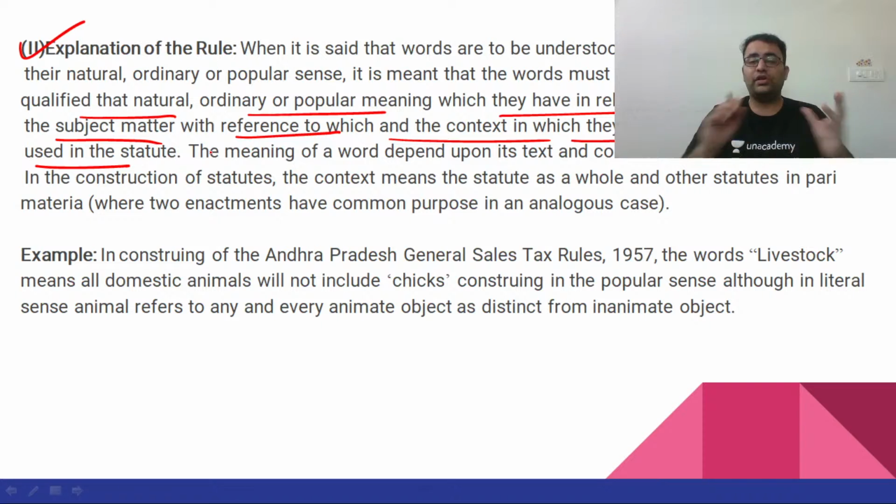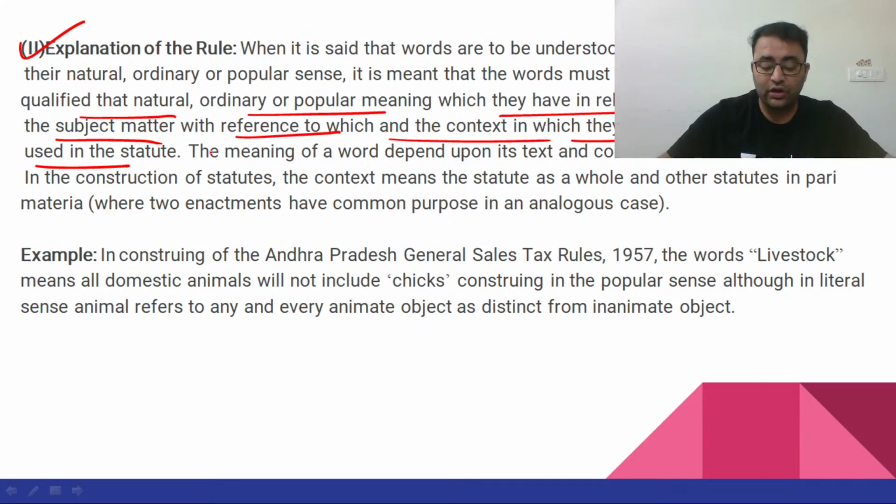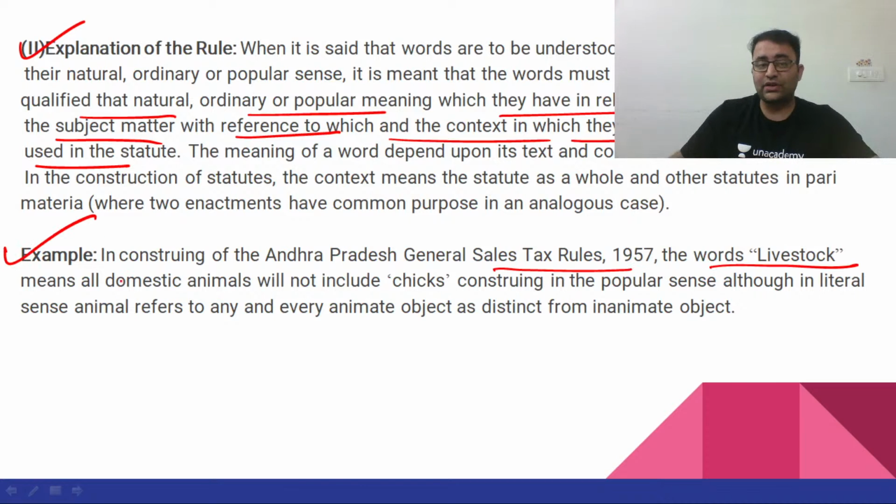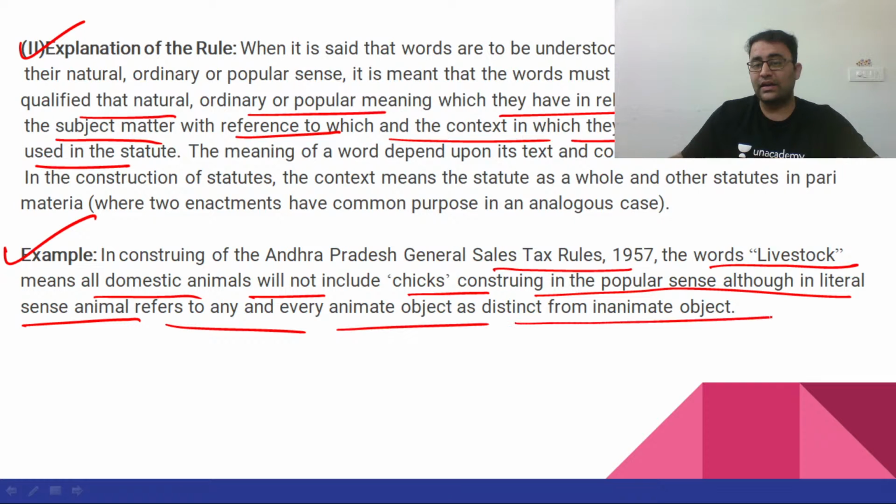So whenever you're trying to get the natural, ordinary or popular sense, you should get that popular sense or natural thing of the word in the context of the law. Okay. Example: in constructing the Andhra Pradesh General Sales Tax Rules 1957, the words livestock means all domestic animals will not include chicks, construing in the popular sense, although in literal sense animals refers to any and every animate object as distinct from inanimate object.